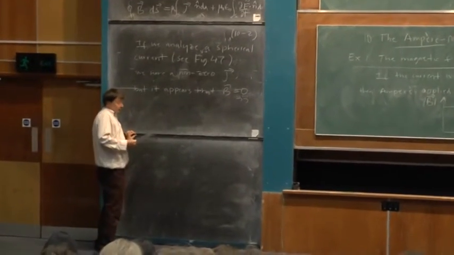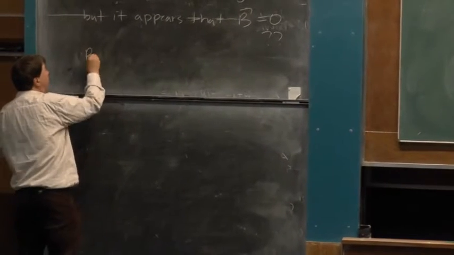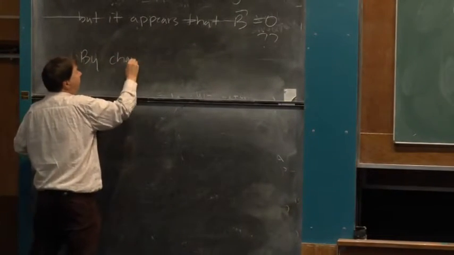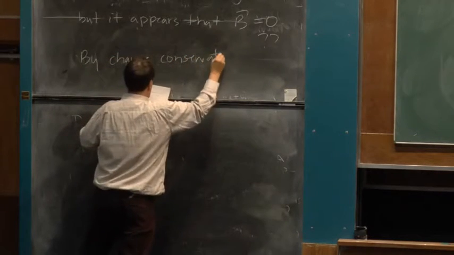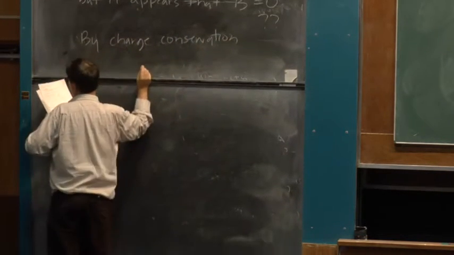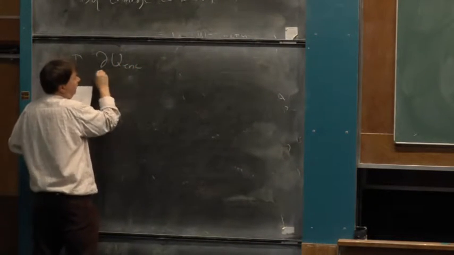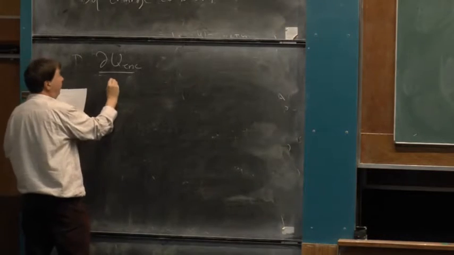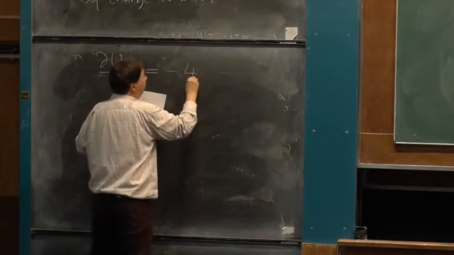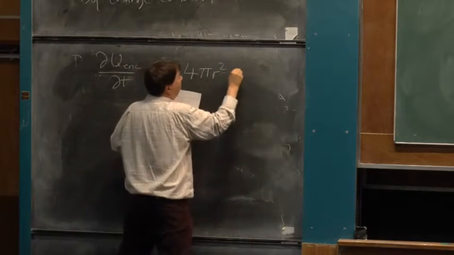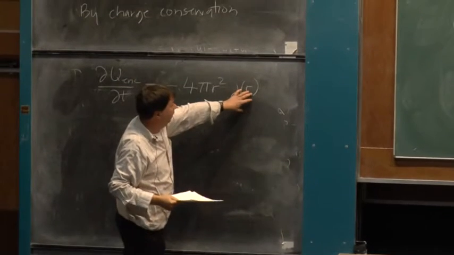So basically now we've got, by charge conservation, that dq enclosed, this is the charge enclosed by the sphere, is equal to minus 4 pi r squared J of r, where this J of r is to emphasise it's a radial current.